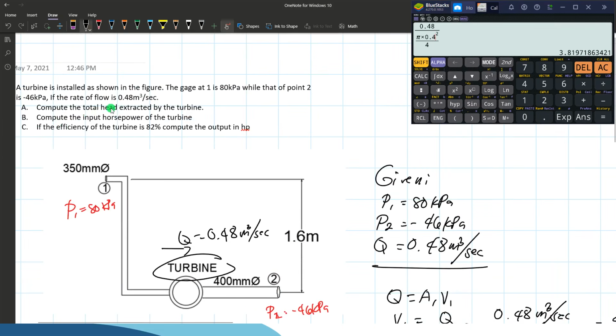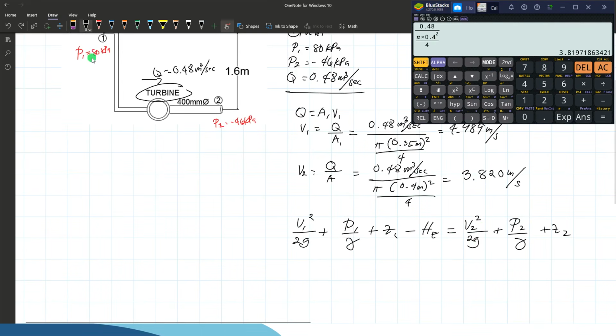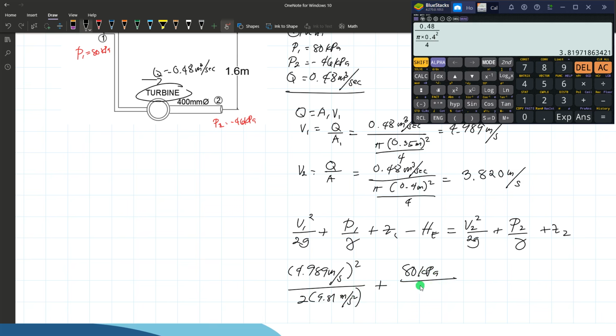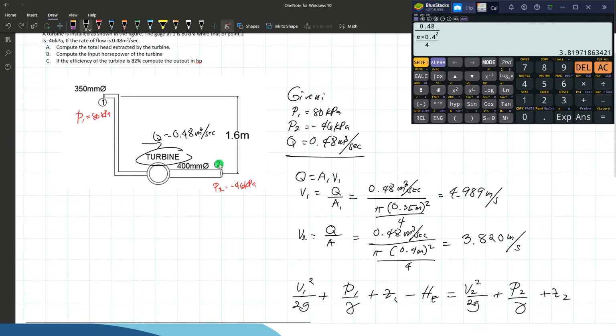So the first required is the total head extracted by the turbine, this H E. Substitute now. V1 is 4.8989 meters per second raised to 2 over 2 times 9.81 meters per second squared, plus pressure at point 1, 80 over 9.81 kilonewtons per cubic meter, plus Z at point 1.